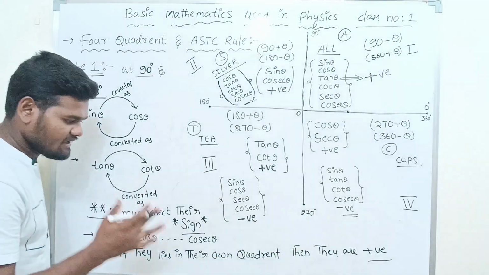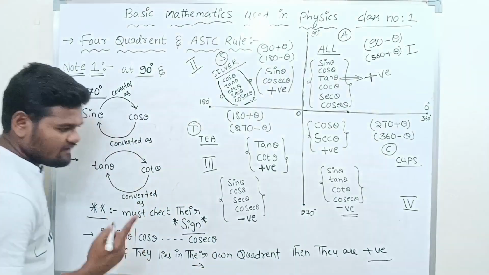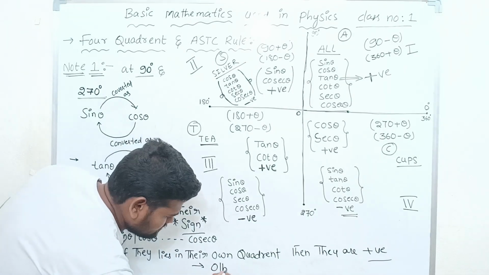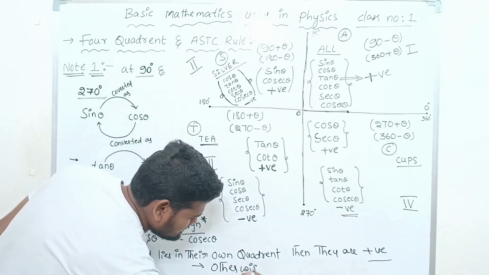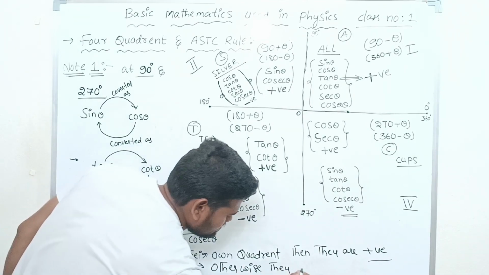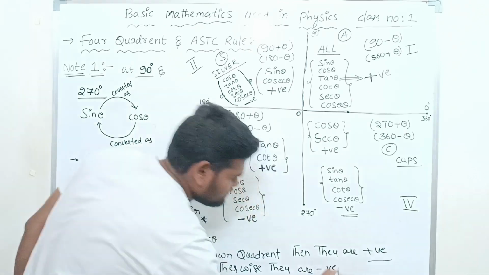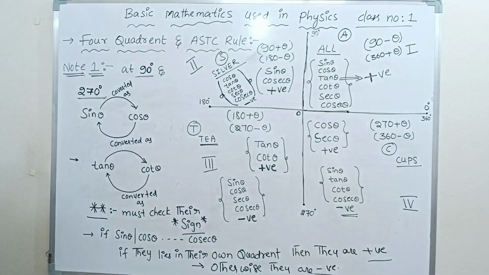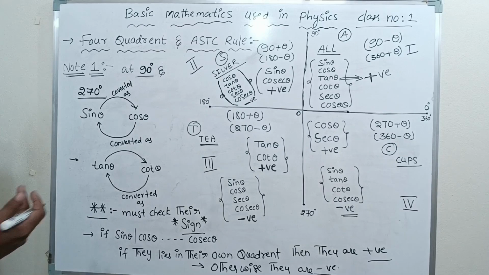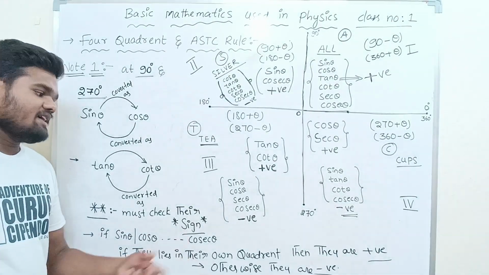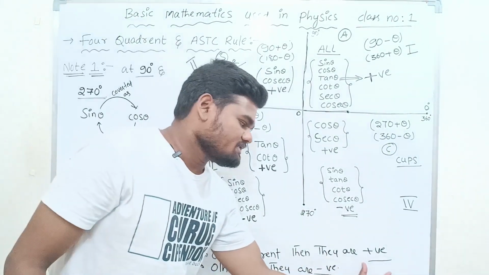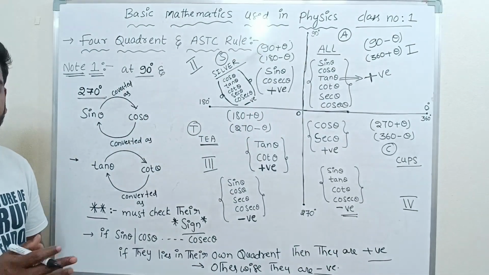I will tell you how they are lying or not lying, I will explain. Otherwise they are negative. Okay, if sin theta, cos theta, tan theta lie in their own quadrant, then they are positive, otherwise they become negative.